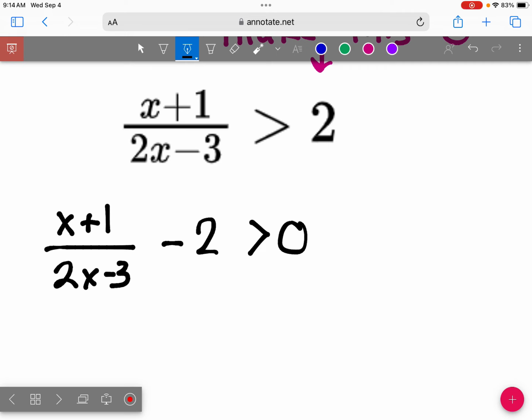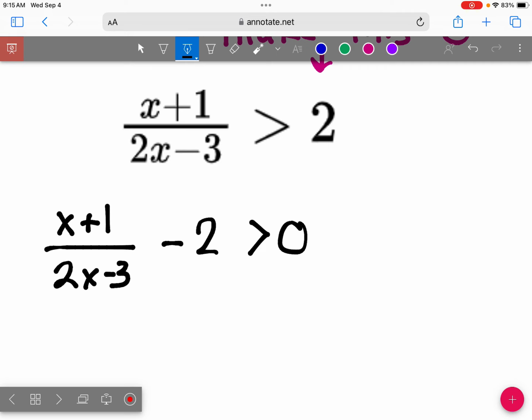We've seen problems kind of like that before. Yes, we have. Or at least we've seen things like that before. How do I simplify that? Common denominator. I want to subtract these two pieces. I need this to have the same denominator.